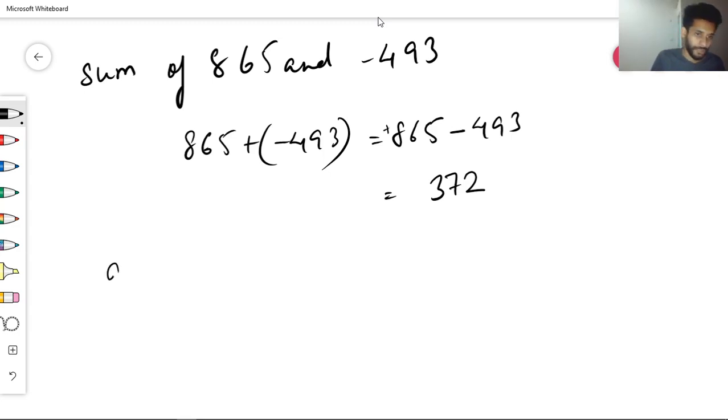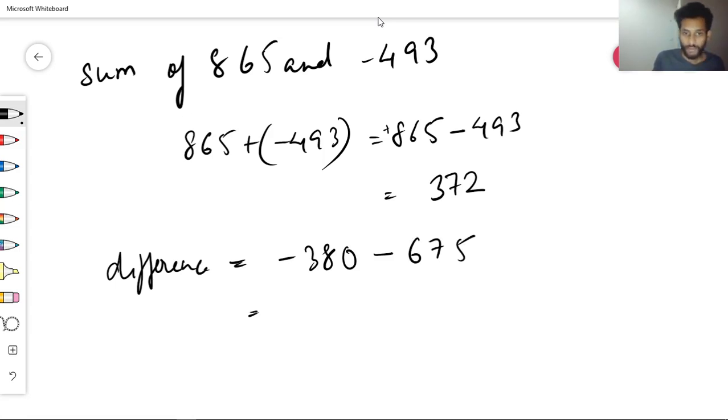And the difference. Now, we have to find the difference of this number and minus 380 minus 675. So when we subtract this, what will be the difference?